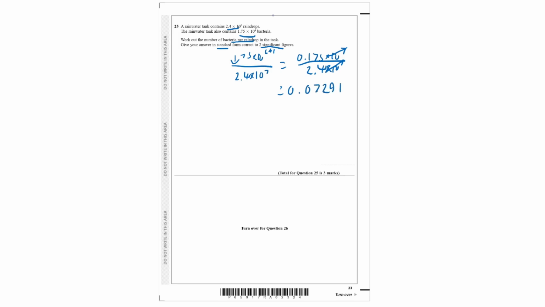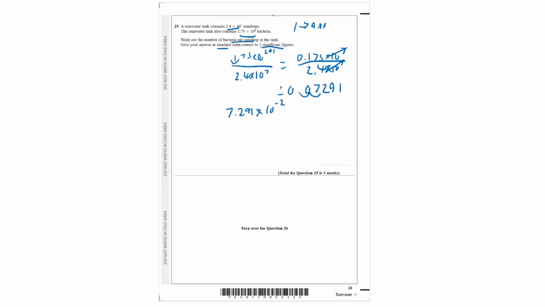But this is not standard form. Standard form is any value between 1 and 9.99. So we actually have to multiply this by 10 twice, but it still has to equal our same answer. So if this goes to the right twice, that gives us 7.291 times 10 to the power of negative 2. The reason we're doing this is so it equals 0.07291.